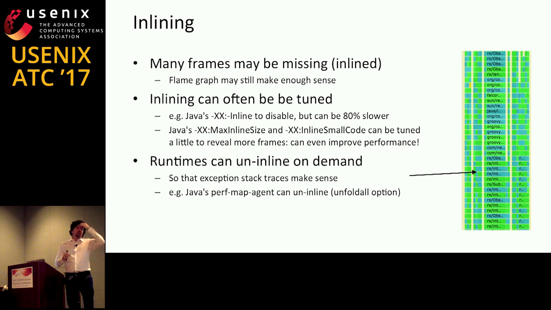It's not asking Java, hey, did you inline something? Can you resuscitate the inline frames? There are ways to resuscitate the inline frames, and Java's perf-map-agent can do that with the unfoldall option. And you can also tune inlining. So you might want to relax inlining a bit if it's going too crazy.